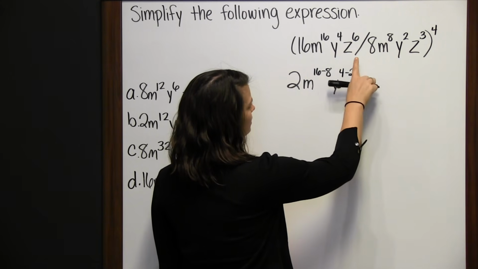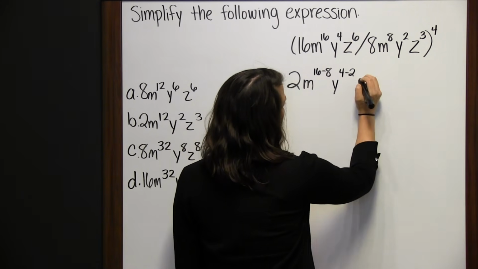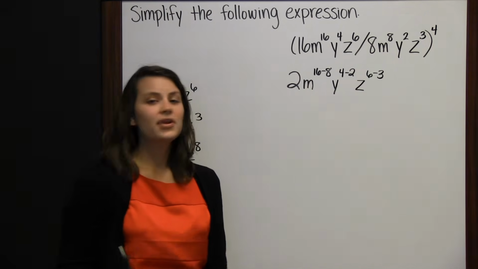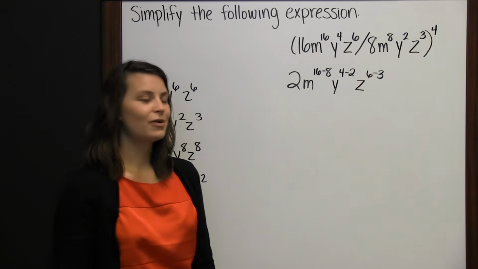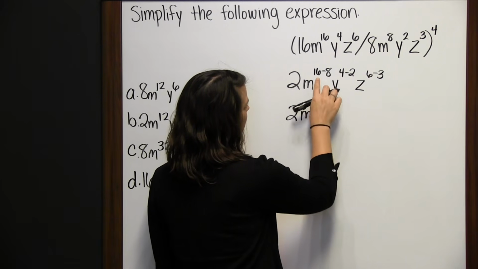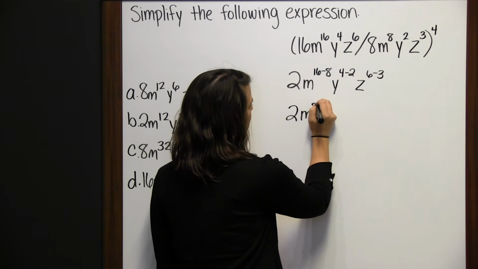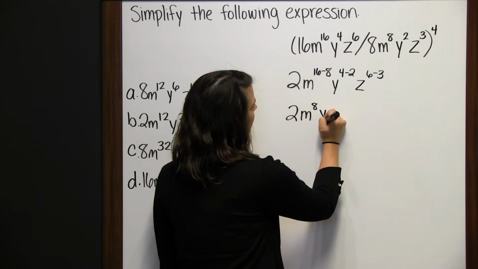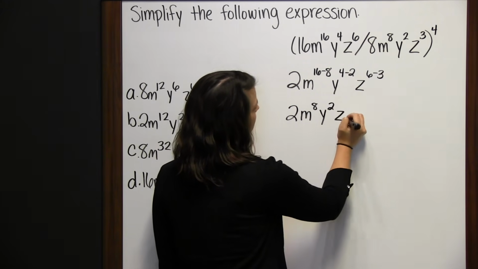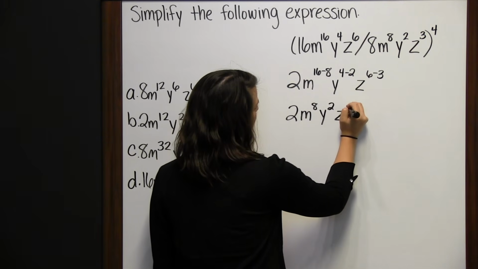And z to the 6th divided by z cubed is z to the 6 minus 3. Now we need to simplify our exponents. So we have 2m to the 16 minus 8, 8, y to the 4 minus 2, 2, and z to the 6 minus 3, 3.